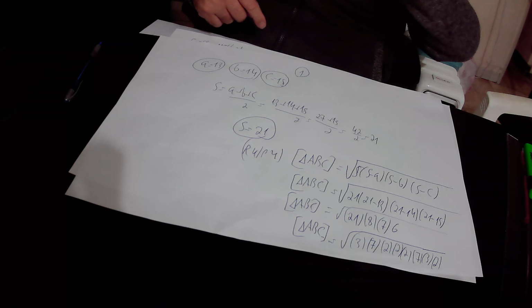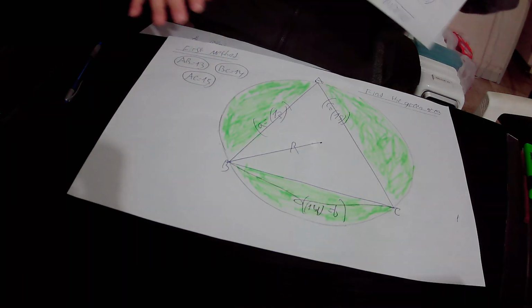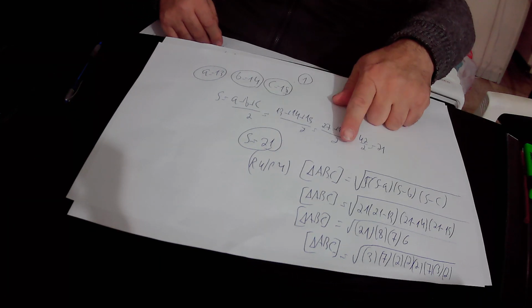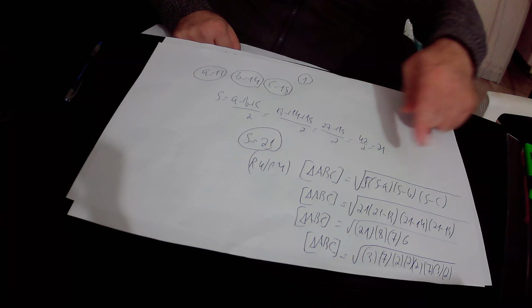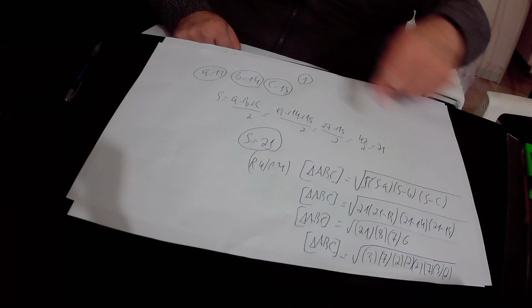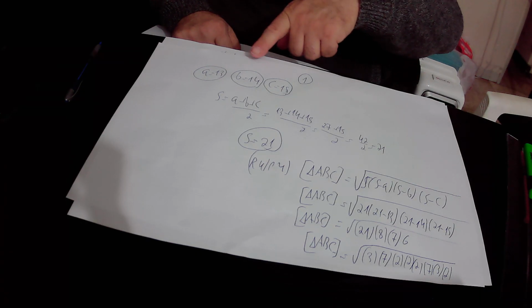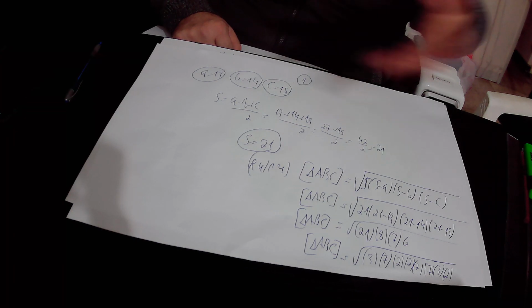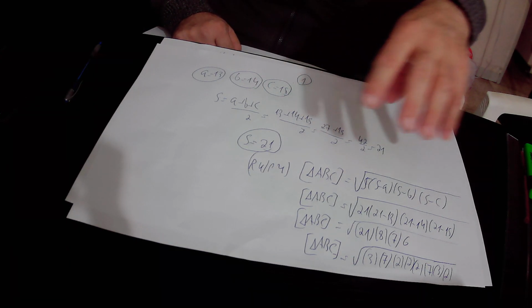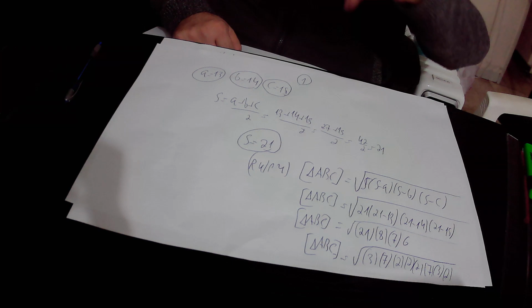So according to rule number 4, the area of this triangle ABC must equal the square root of S times S minus A times S minus B times S minus C. I remind you that A is 13, B is 14, C is 15, and S is 21. The only thing left to do is to put the data inside the formula and find the area.